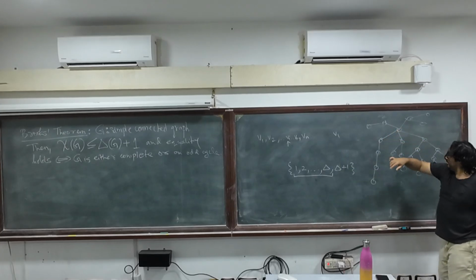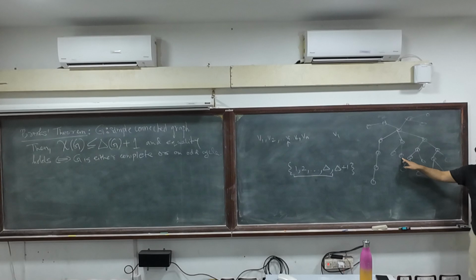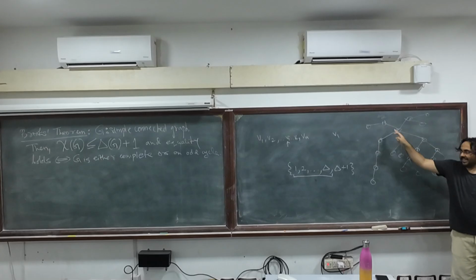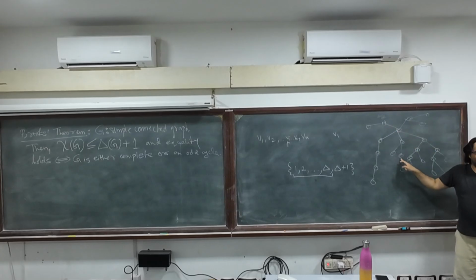Why not this? We can go directly connected. Can I also go here? Or will this be a problem? We have to go in such a way that the neighbor will still appear later. Can I put this as V2? Yeah, I can do this.